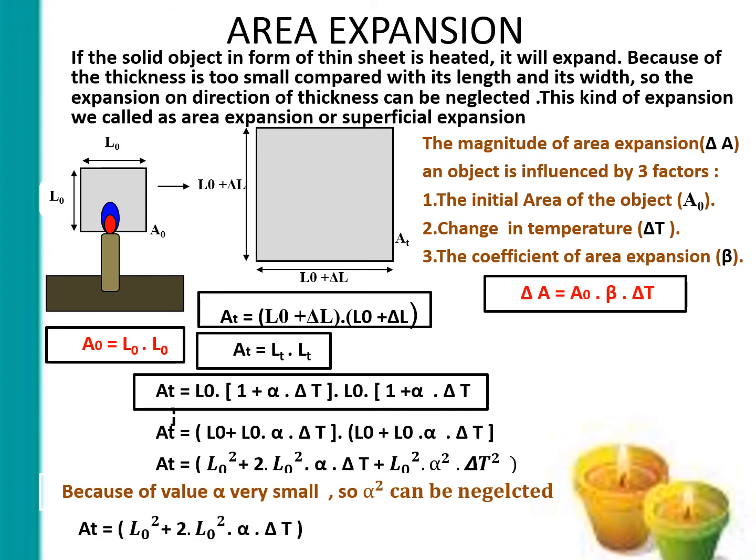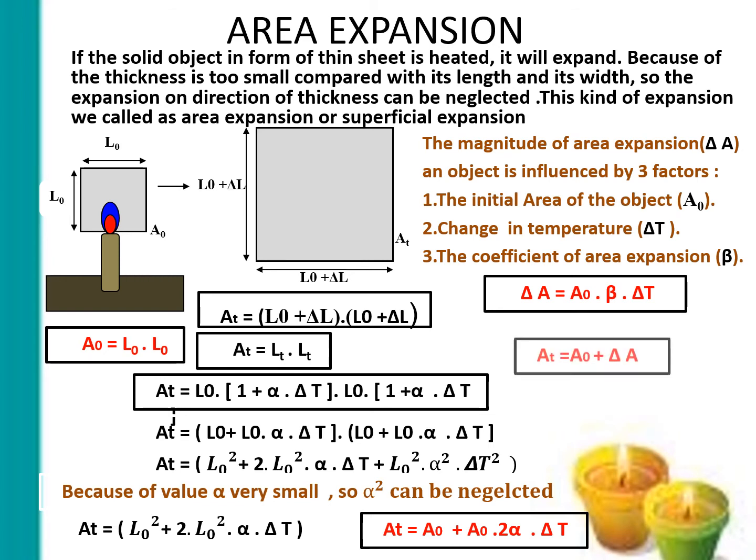So AT equals L0 squared plus 2 times L0 squared times alpha times delta T. Or we can write AT equals A0 plus A0 times 2 alpha times delta T.